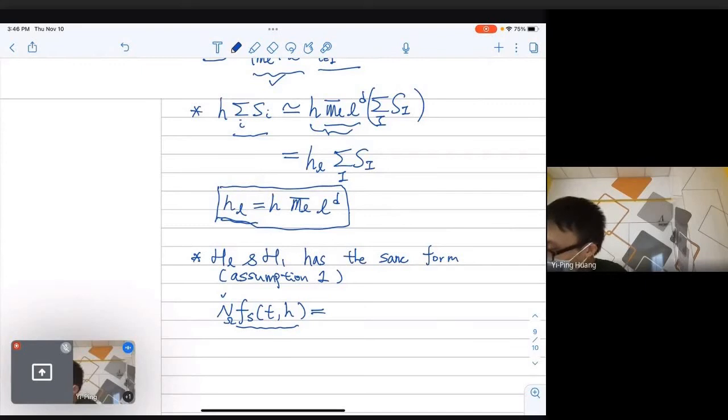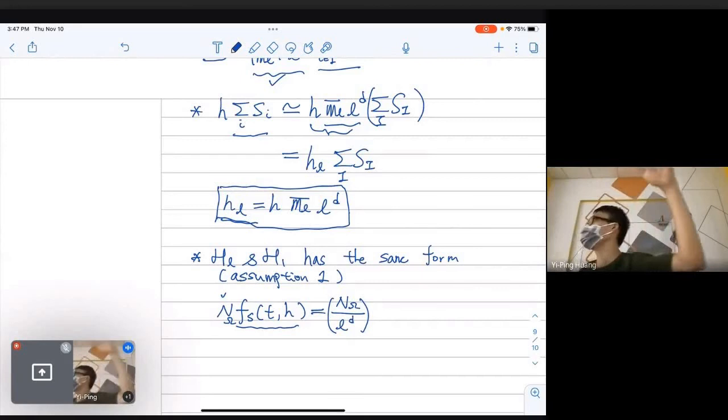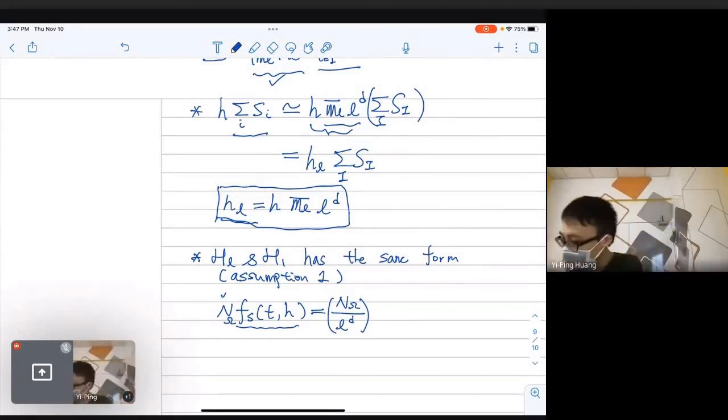What is happening is that now we have a bunch of block spins, but the number of block spins will be fewer compared with the previous number of spins. By how much? Basically, the number of block spins is the total number of spins divided by L to the power of D, because every L to the power of D spins are packed into one gigantic block spin. Okay, so that's the number of block spins.